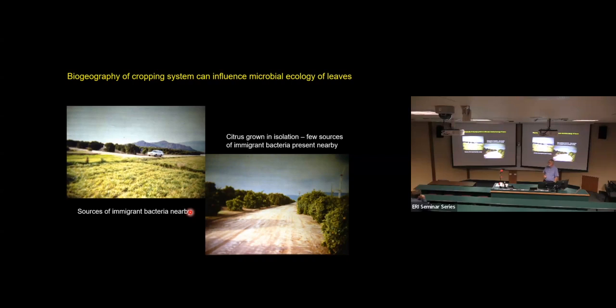But the orange groves are grown in different kinds of contexts. In this case, you see a grove that was grown next to this field of grass. Many of the orchards are large, and they've grown only in large blocks where their neighbors all were other citrus trees. And they usually remove all the vegetation in these orchards with herbicides to prevent competition for water and things.